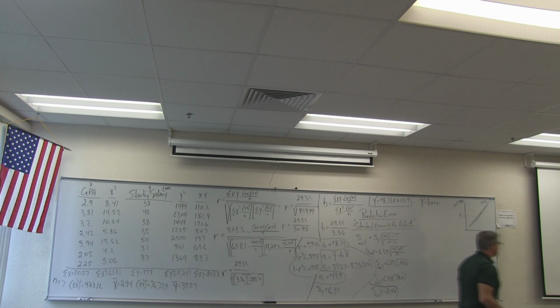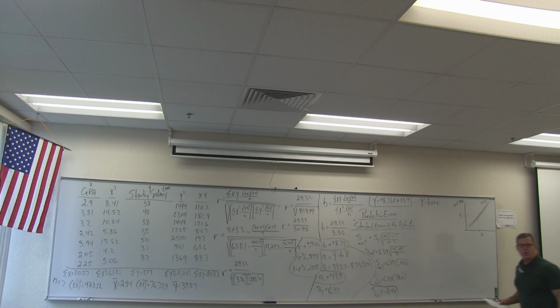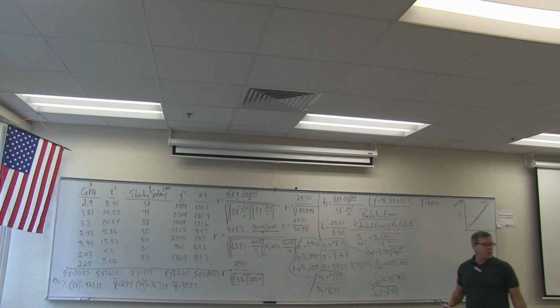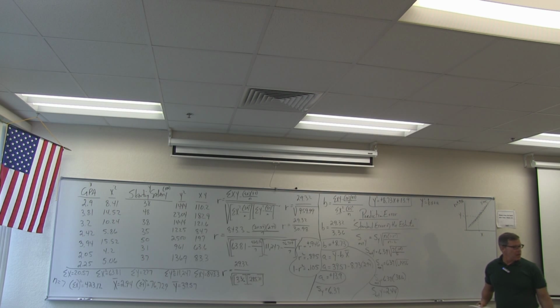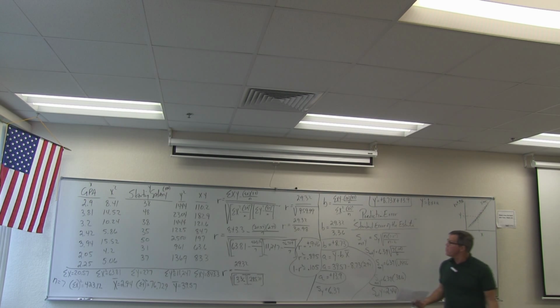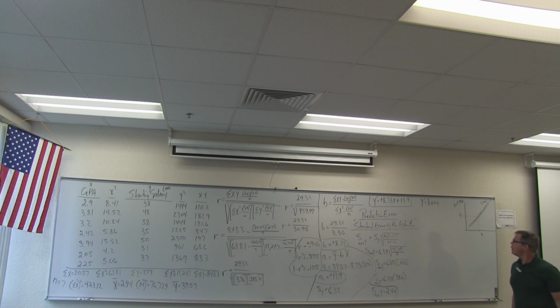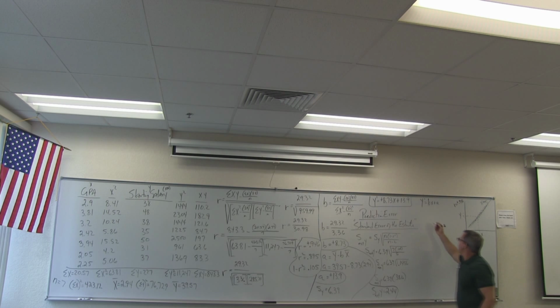Now, I wonder what the best prediction would be for a student who graduates with just a vanilla 3.0 GPA, a B average. Let's do this.